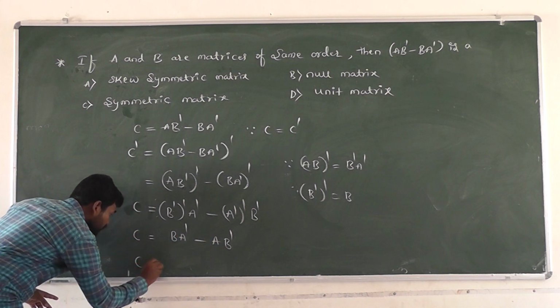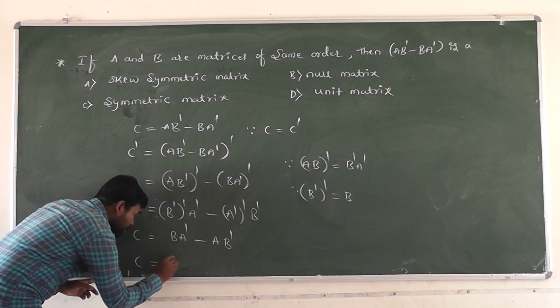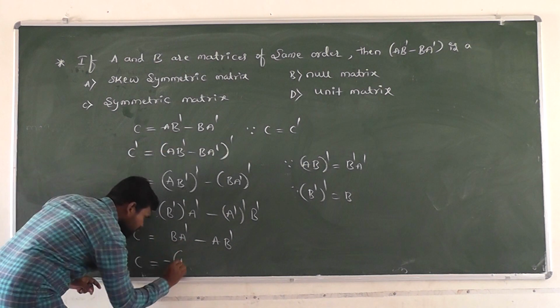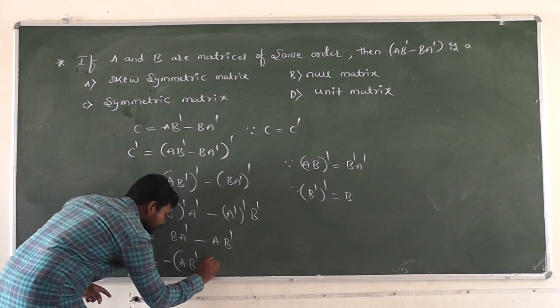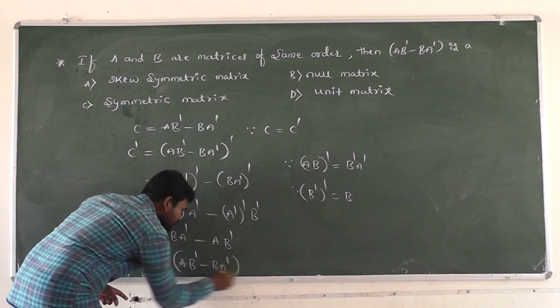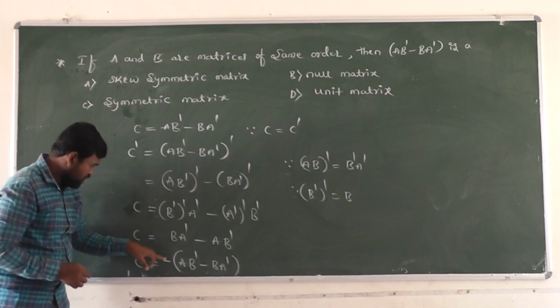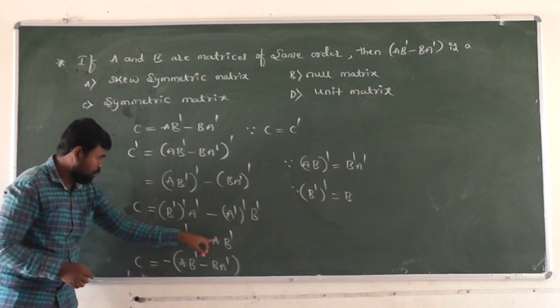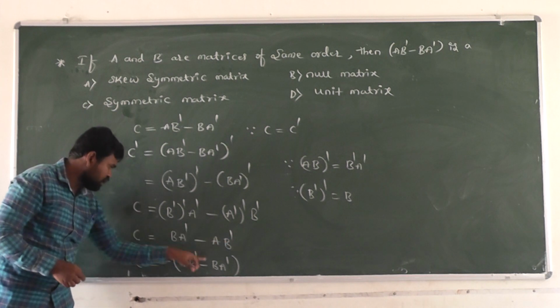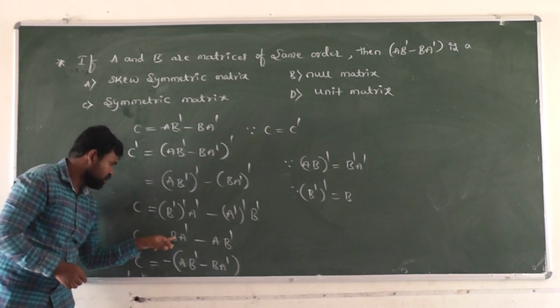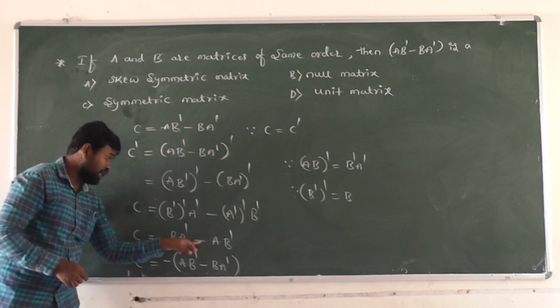Then C transpose is equal to, taking the minus sign outside, minus of A B transpose minus B A transpose. Minus into plus gives minus A B transpose, and minus into minus gives plus B A transpose, positive sign. This one has the negative sign, right?